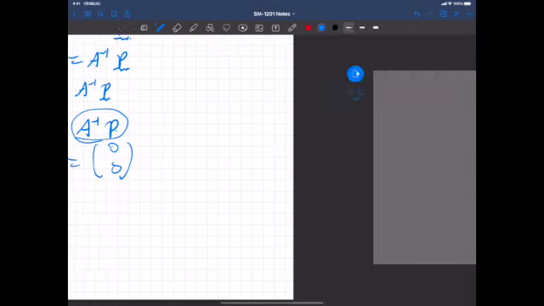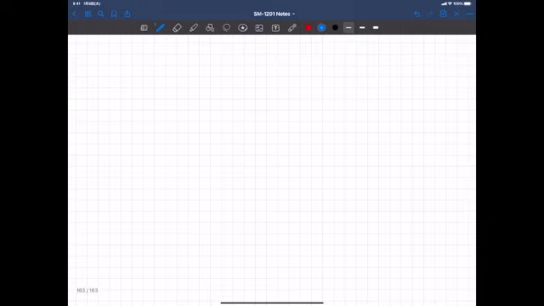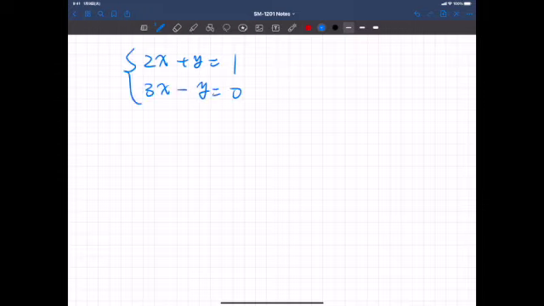Okay, so let's see a concrete example. We have, let's say, 2x plus y equal to 1 and 3x minus y equal to 0. We want to know the values of x and y. Here, A is the matrix consisting of these coefficients: 2, 1, 3, and negative 1.